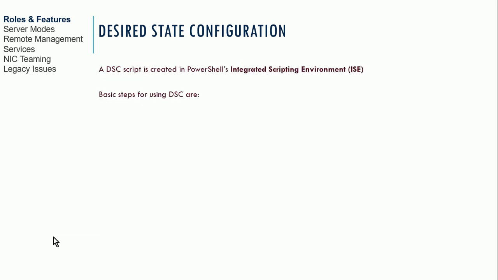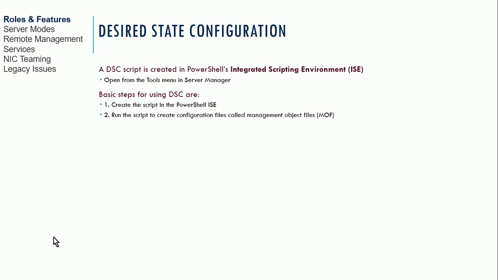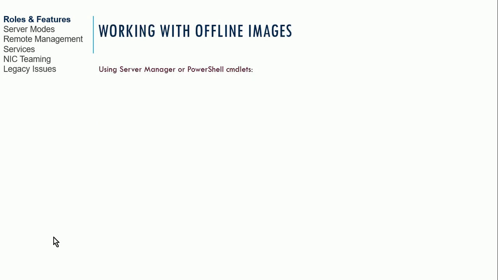A DSC script is created in PowerShell's Integrated Scripting Environment, which you open from the Tools menu in Server Manager. The basic steps for creating it are to create the script in the PowerShell ISE, run the script to create configuration files called Management Object Files, or MOF, enter the Start-DscConfiguration cmdlet in the PowerShell prompt, and then you can configure DSC.